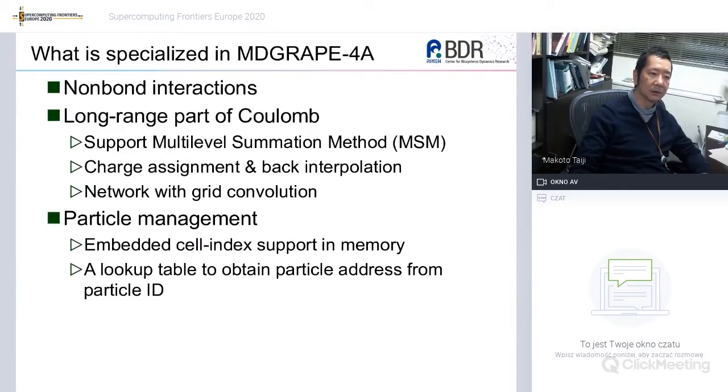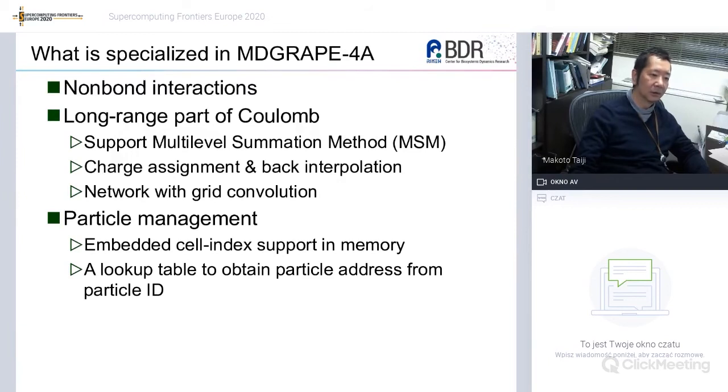What is specialized in MDGRAPE-4A is, first, non-bonded interactions. This was already done in early GRAPE systems, but we also added the long-range part of Coulomb. So we support the multilevel summation method, charge assignment and back interpolation, and a network with grid compression, which is needed for the multilevel summation method.